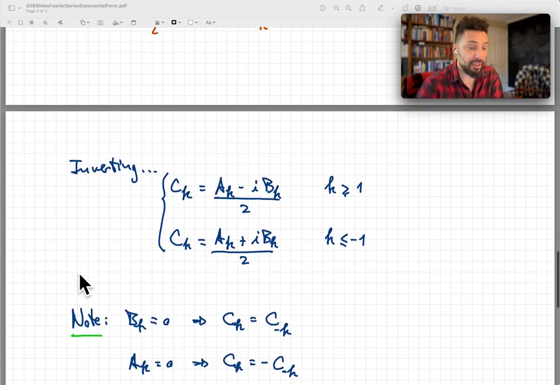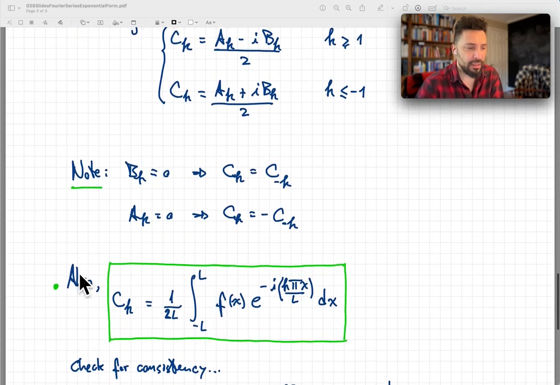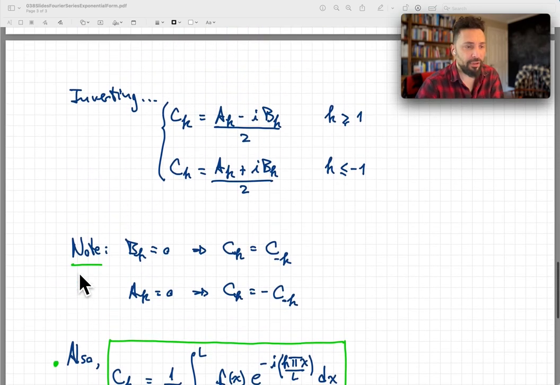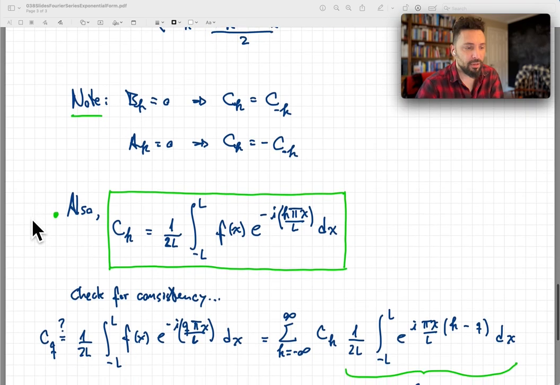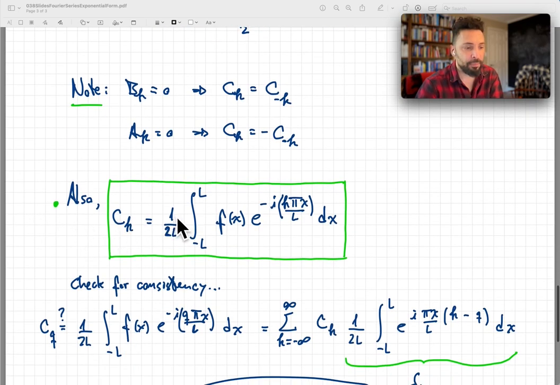Now, the ck's are actually also defined by an integral, and you can show that either by using these identities, or in other ways. It turns out that the ck's are given by this formula, 1 over 2L integral between minus L and L of f of x e to minus i k pi x over L dx.